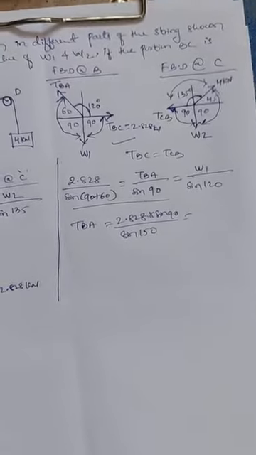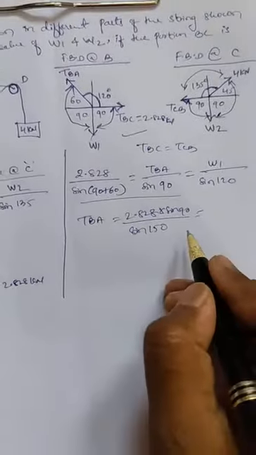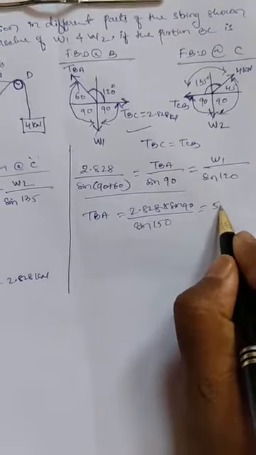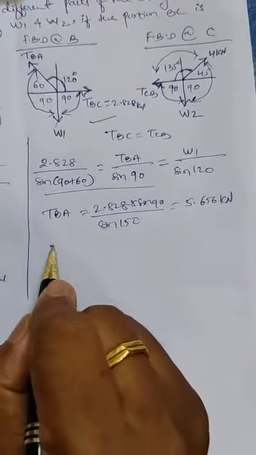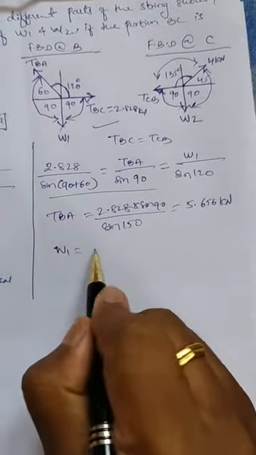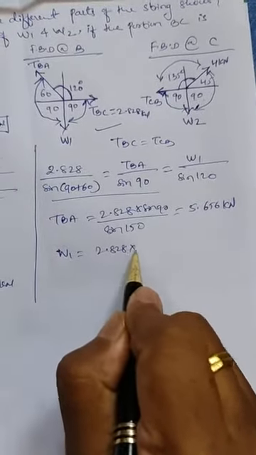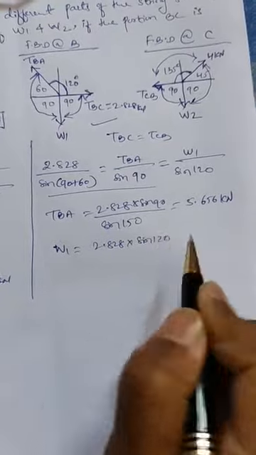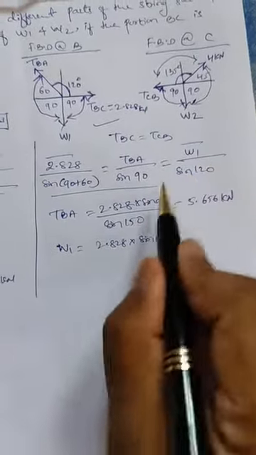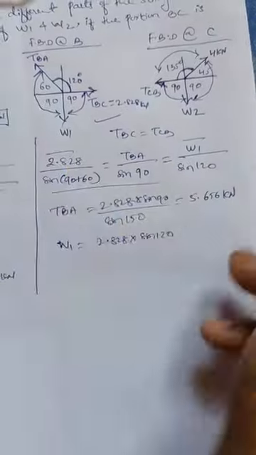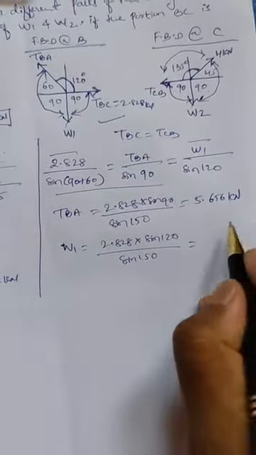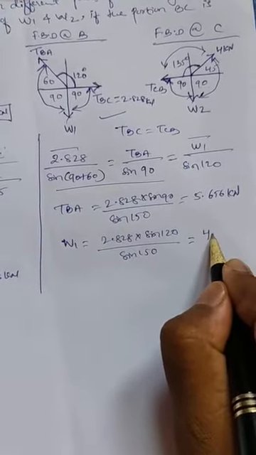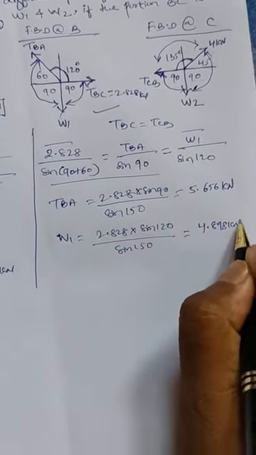You work it out and you will get TBA as 5.656 kilonewton. Now W1 is equal to 2.828 into sine of 120, comparing first and last. Cross multiply sine 120 to the numerator, divided by sine 150, which is equal to 4.898 kilonewton. This is the answer.